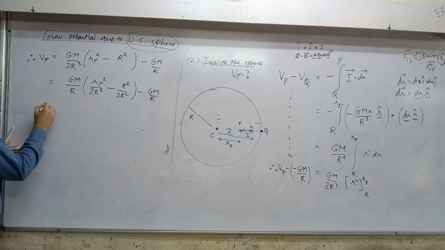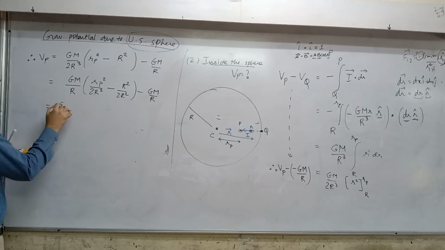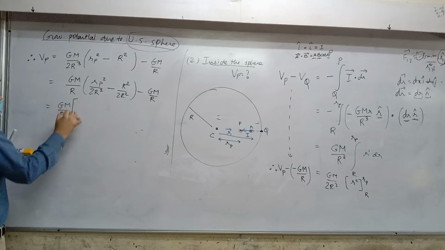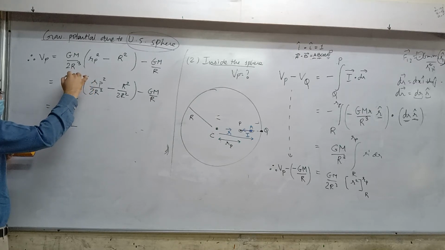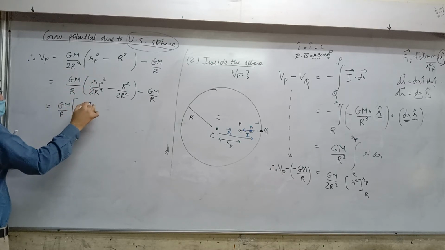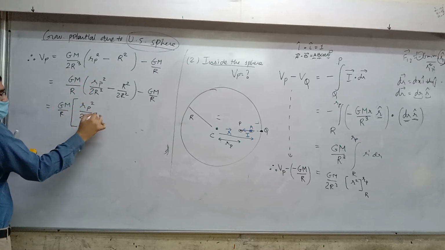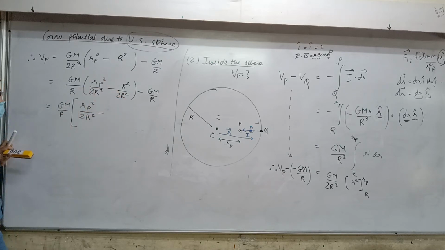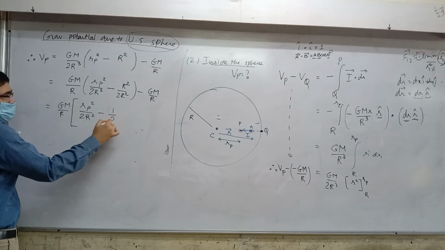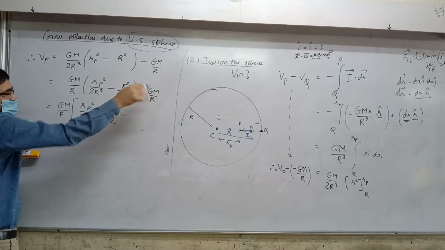Right? Now I will take GM by R. So here it's gone. You understand that? It's gone. So RP square by 2R minus. Now over here, something cancelled. What cancelled? R square cancelled. 1 by 2 minus. Answer.